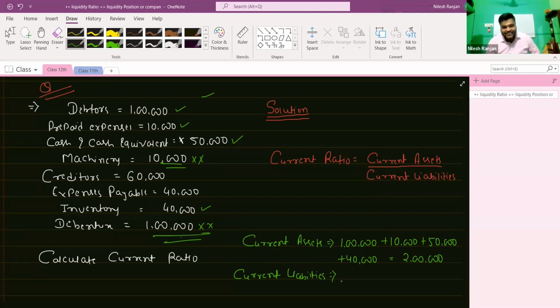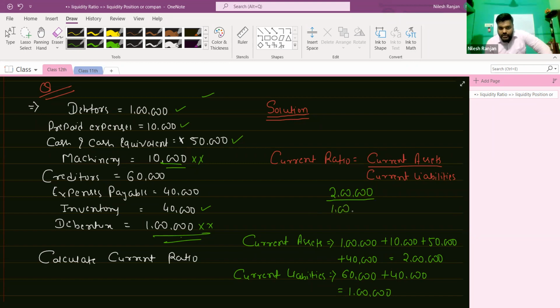Current liabilities means creditors and expenses payable, that is 40,000. So these are our current liabilities, it will be 1 lakh. So current assets is 2 lakh and current liability is 1 lakh.